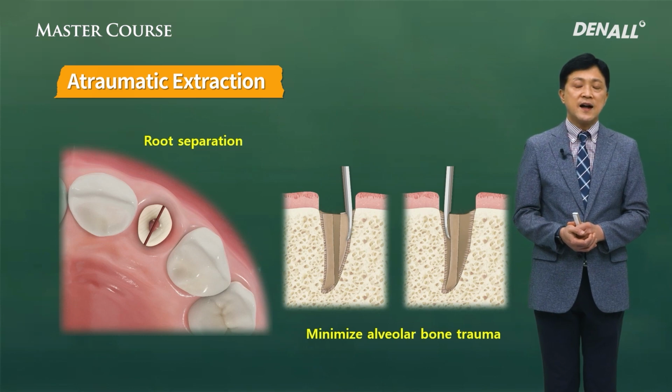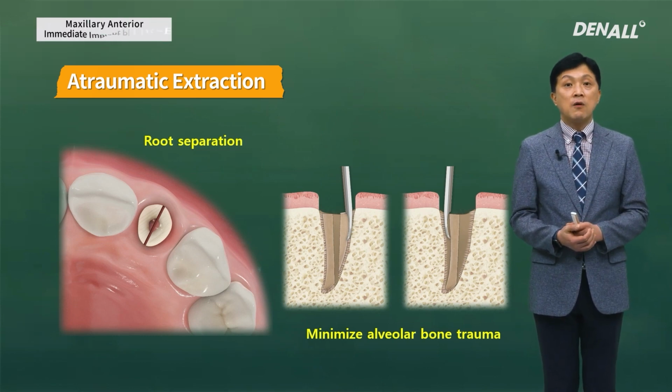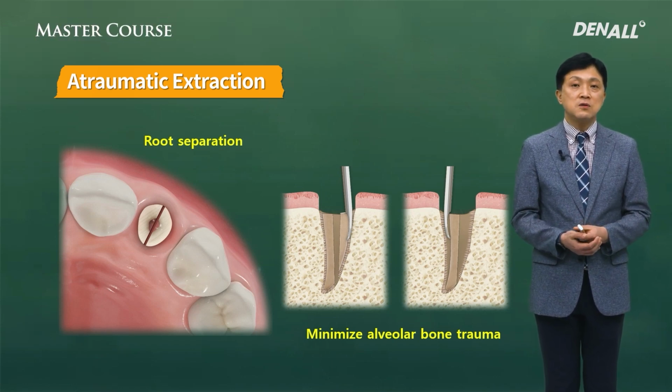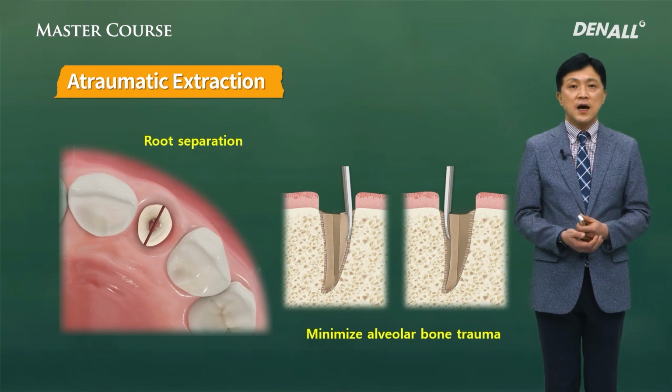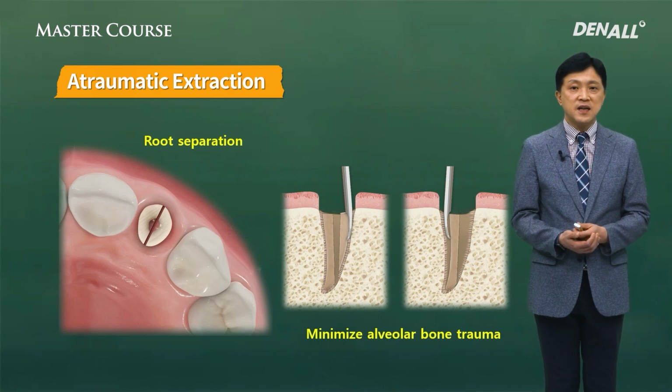So the root separation should be in the buccolingual direction. And first, the mesiodistal fragments need to be removed before removing the rest. In this way, we can maximally preserve labial bone and minimize the damage to the bone during extraction.